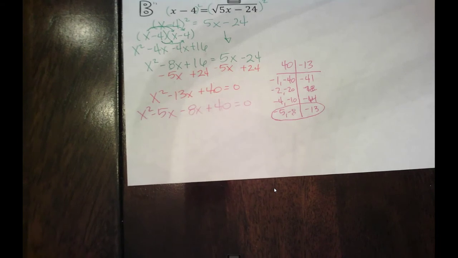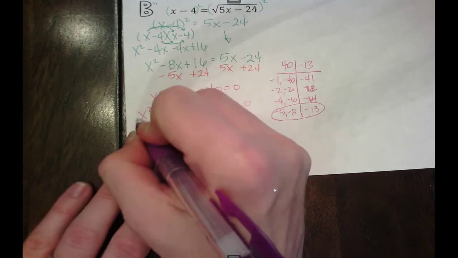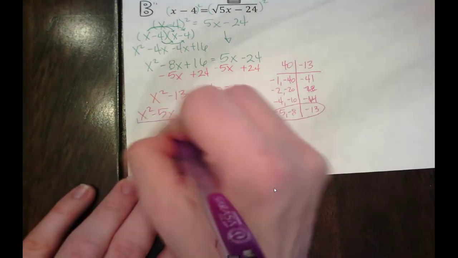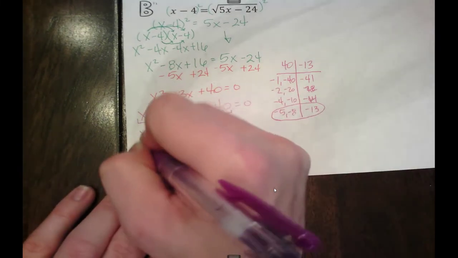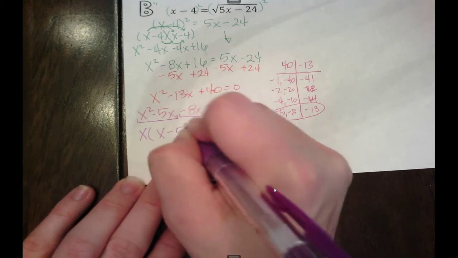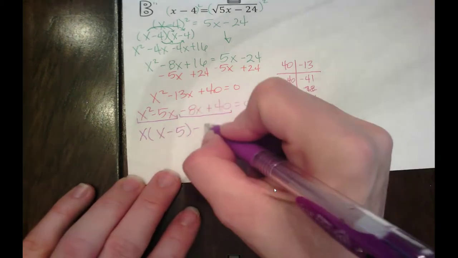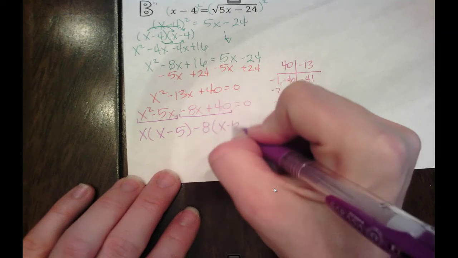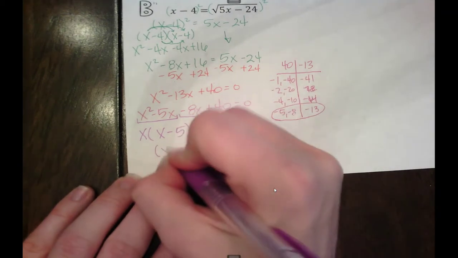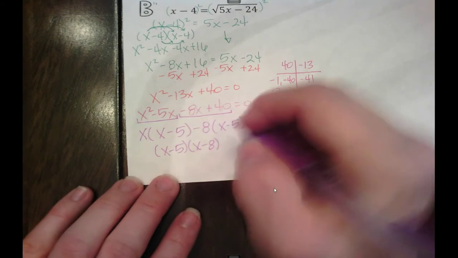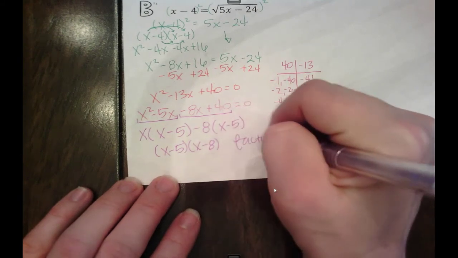Okay, let's keep going. Remember, now we need to factor by grouping. So common factor here is our x. Take that out. We're left with x minus 5. That sign travels down. Common factor here is our 8, and that's x minus 5. So we've got x minus 5 times x minus 8. These are our factors.